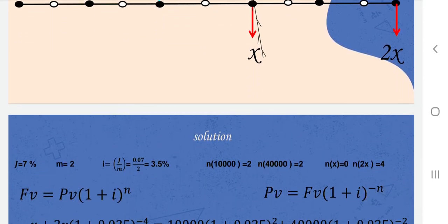For the nominal rate j equal 7%, m equal 2, the rate per period i will be equal 7% over 2, equal 3.5%. n for $10,000 equal 4, n for $40,000 equal 2, n for x equal 0, n for 2x equal 4.